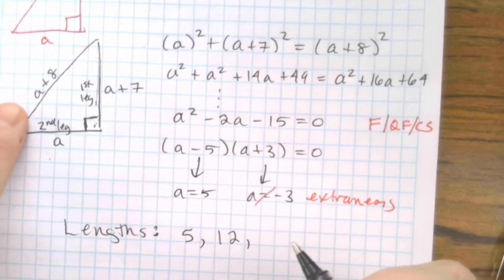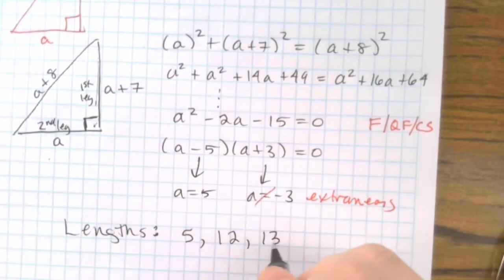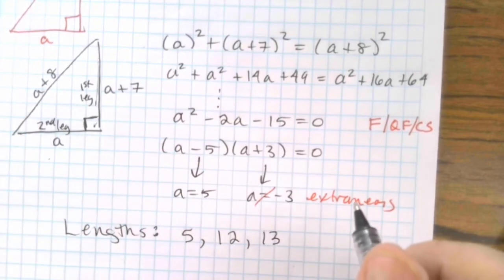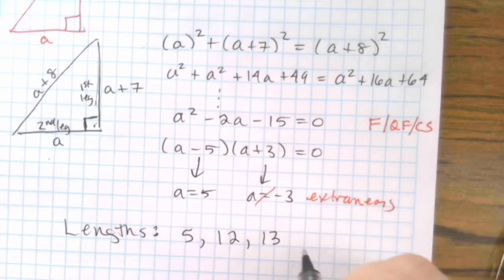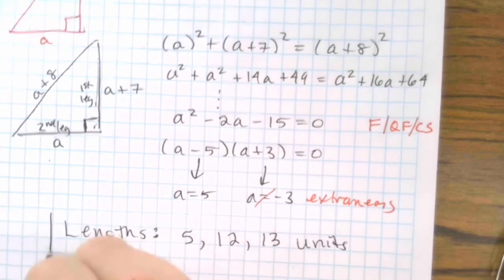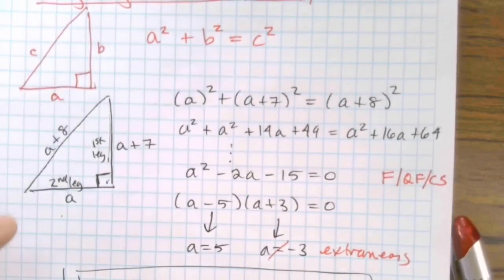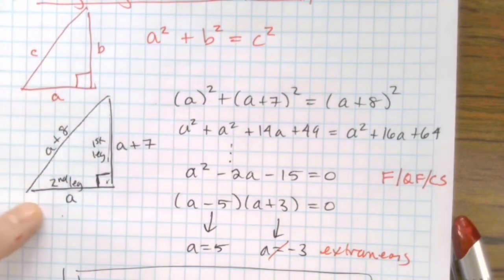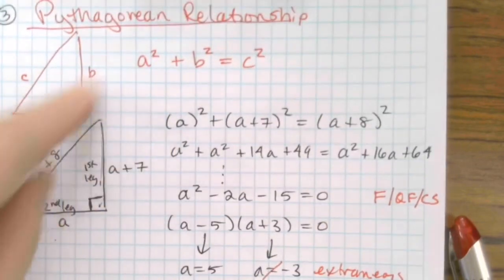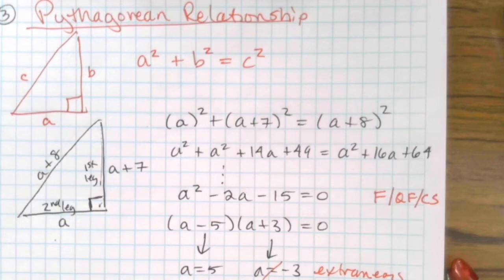The other one is 8 plus 5, which is 13. And they didn't give you any units, so it's just units. So that's how you do a Pythagorean relationship. You do two sides in terms of the third one, and then you substitute into the Pythagorean theorem.